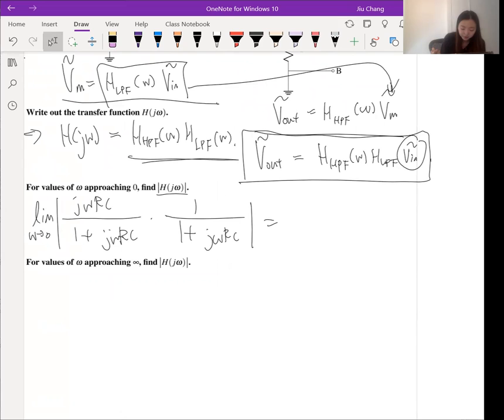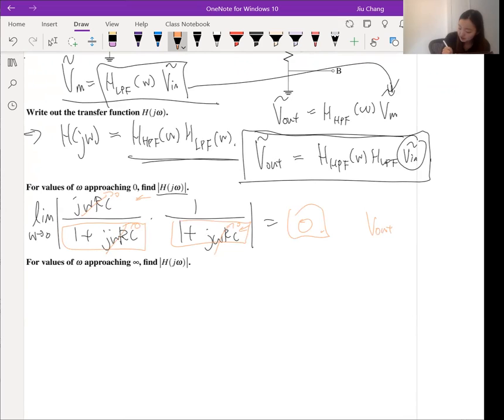So when we take the limit, these go to 0, and we are left with 0. Because the numerator goes to 0, because 0 times 1 is 0, but the denominator doesn't go to 0. The denominator goes to 1 times 1, which is 1. So that means the whole thing goes to 0. And 0 has a magnitude of 0. Okay?